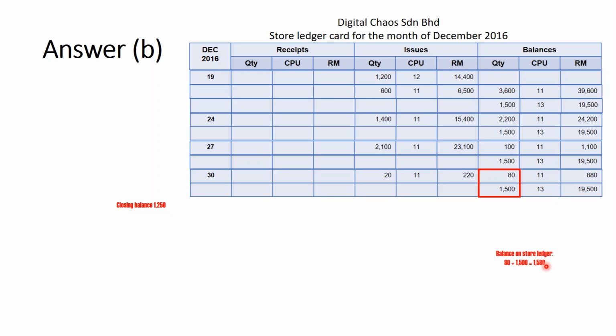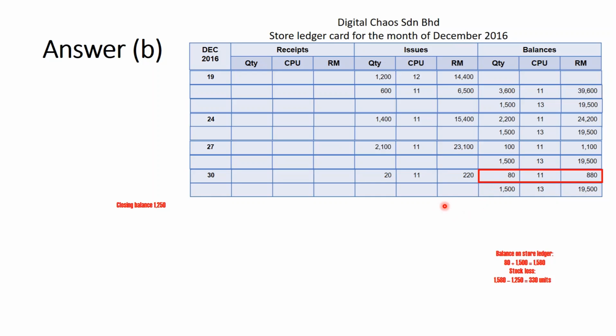As we can compare with the stock date balance, which is 1,250, there is a difference between the amount, which is considered as a stock loss, which is 1,580 minus 1,250. The difference is 330, so this is considered as a stock loss.